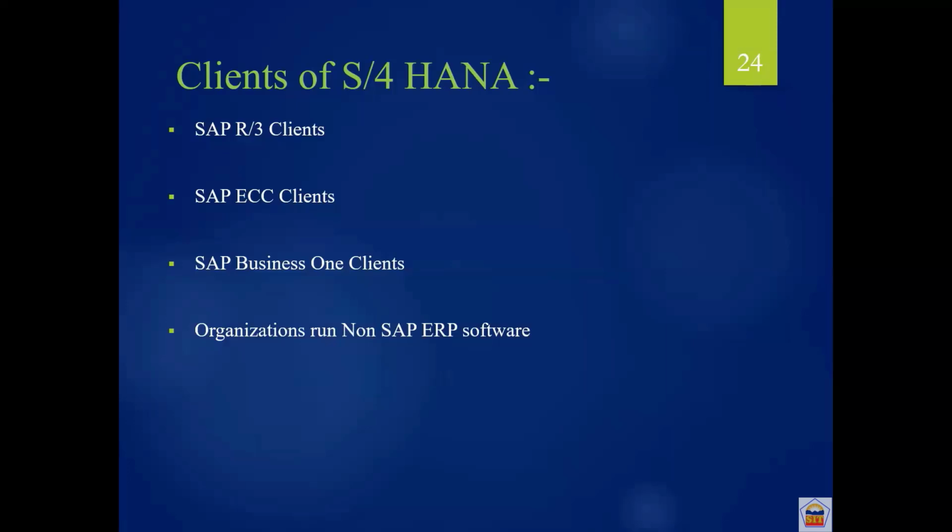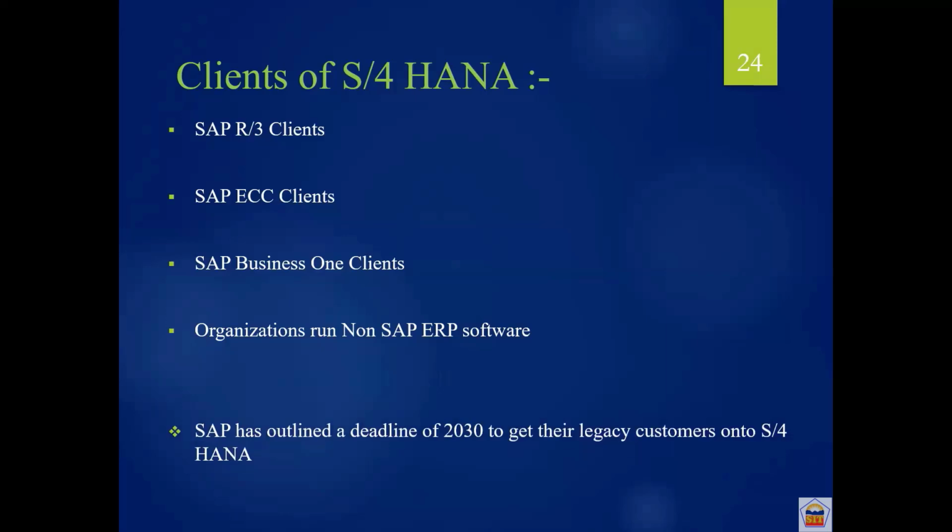Then all those companies which are not using SAP as their ERP software can also switch from their legacy ERP software to SAP. So these could be the SAP S4 HANA clients.